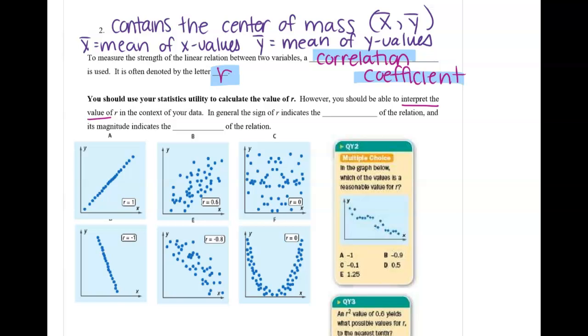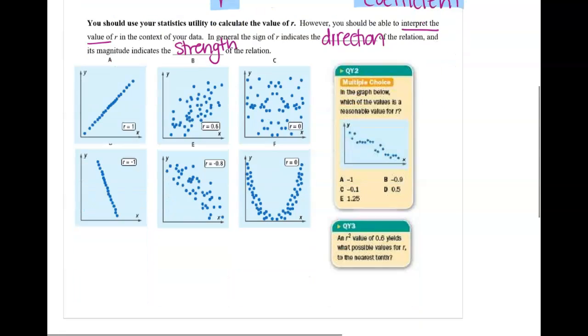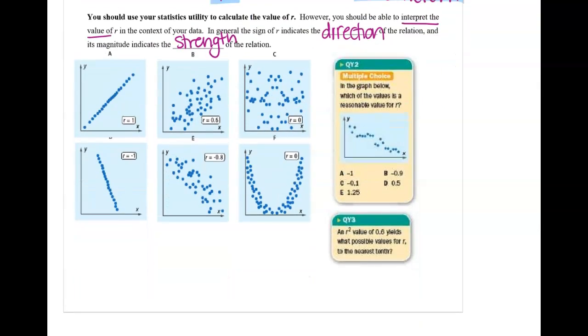In general, the sign of R indicates the direction, so positive or negative, going up or going down, and the magnitude or amount indicates the strength of the relationship. So basically, what you need to know, positive is going upward like a positive slope. Negative is going downward like a negative slope, and it's about how close it is to looking like a line.